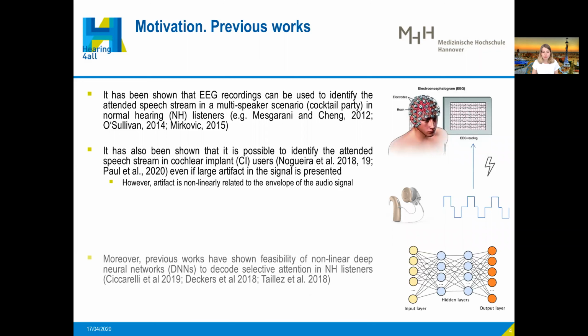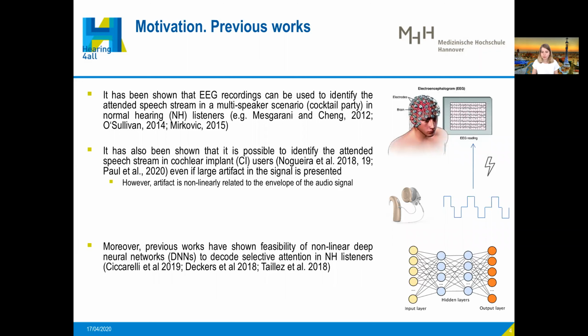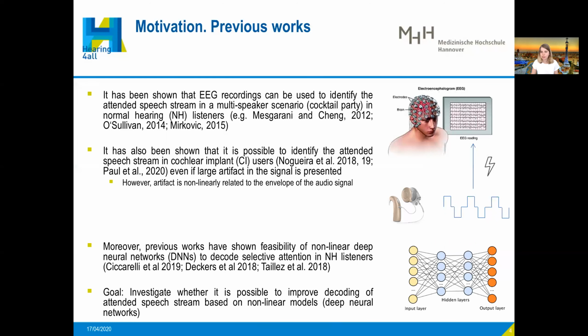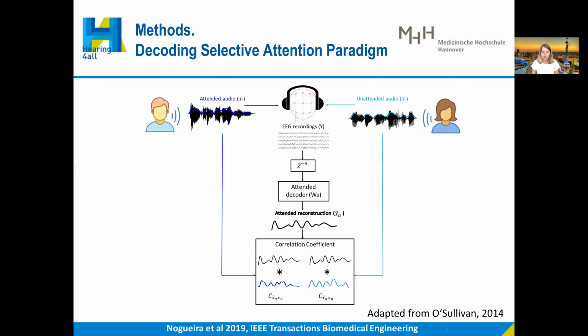Moreover, some previous works showed that nonlinear deep neural networks can decode selective attention in normal hearing listeners. And our goal is to investigate whether it is possible to use nonlinear models to decode selective attention in cochlear implant users.